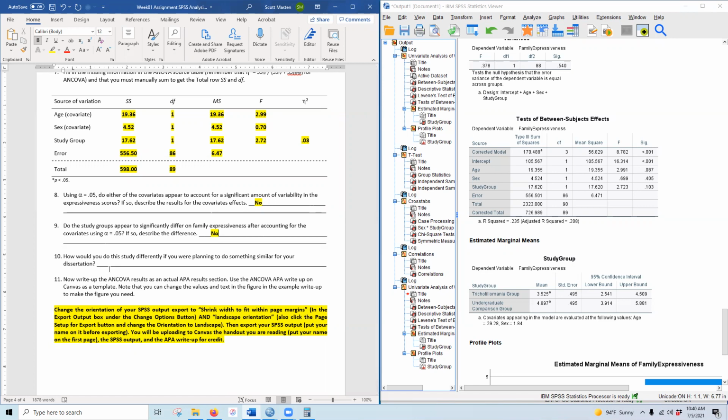So remember, the goal of an experimental design was to have the two groups, if you can truly randomly assign, which you can't randomly assign to trichotillomania, but hang in there with me for a sec. Random assignment ensures that the two groups are as similar as possible on all other things except the independent variable, right? We can't do that here, but she picked undergrads who are very, very different from folks who have trichotillomania, who tend to be women above 30, right?